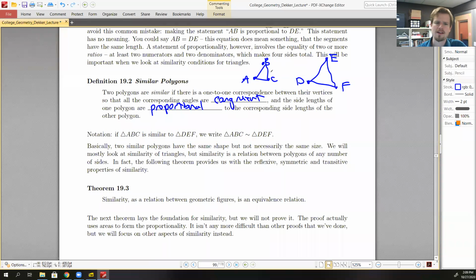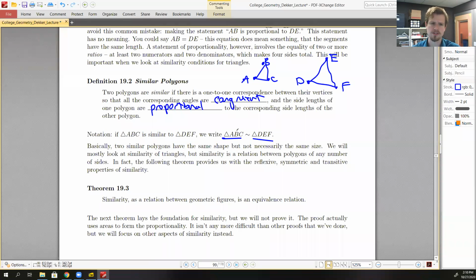All right, when we have that two polygons are similar to one another, in this case triangles, but even if it were a rectangle or a quadrilateral, we would simply say the polygon is similar to the other polygon.